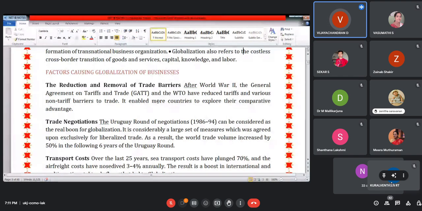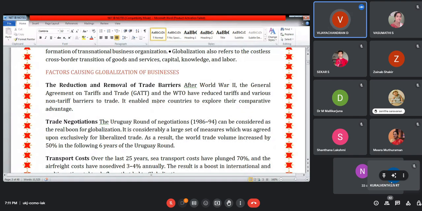So what is a tariff? Tariff means the tax. In an easy way, I'll say tariff means how much tax you have to pay in order to export the product. If you are exporting the product, how much tax you have to pay, that is known as tariff. And the next one is quota. Quota means the government will restrict.